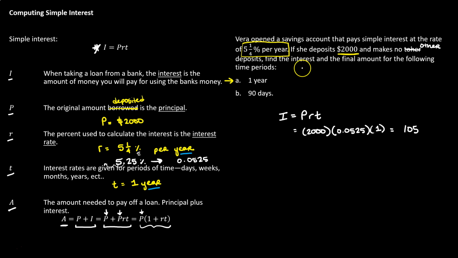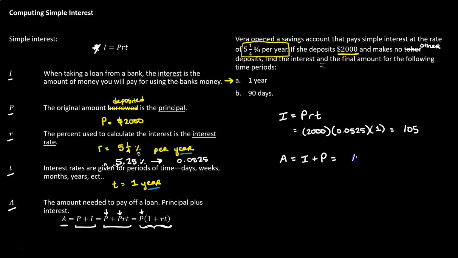Going back to read the question, it does say find the interest and the final amount. The final amount is this capital A down here. Capital A is interest plus principal, so we don't have to go through the entire calculation of P times 1 plus RT. If we know interest and principal separately, we can just add those together.